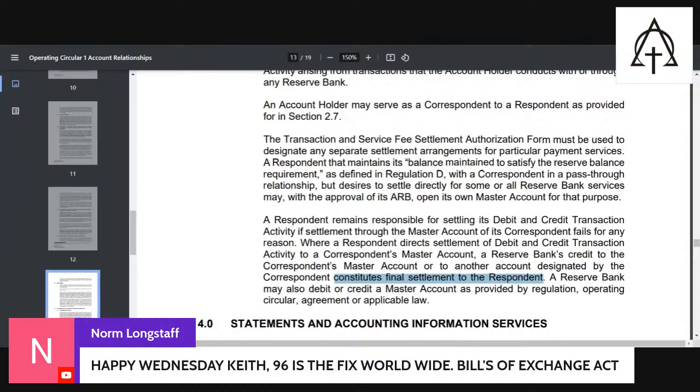Greetings, Norman Longstaff. Norman Longstaff is up there, one of them Canucks, and he's doing a great job. Says, happy Wednesday, Keith. 96 is the fix worldwide. Bills of Exchange Act. Look on the bottom of your billing statement, folks, no matter what kind of bill it is. There's going to be a detachment that they ask you to detach and send in with your payment.